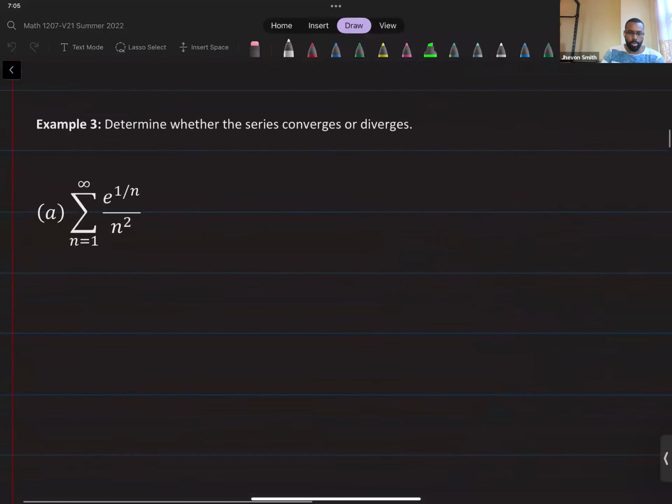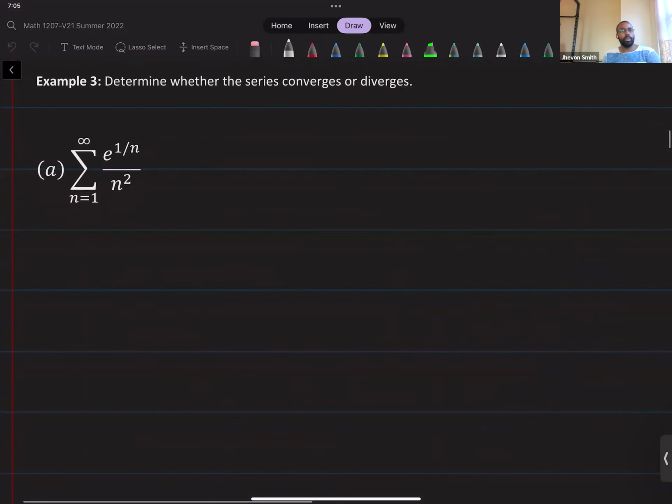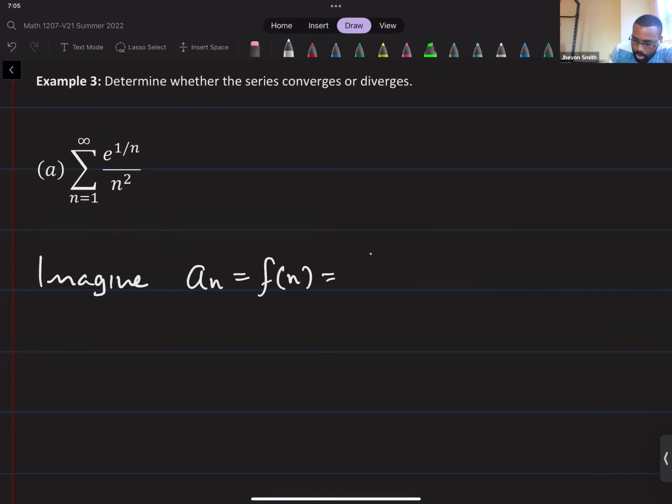So, for example, determine if this series converges or diverges. This is one of the cases where the integral test can work, because if I look at that expression, I can imagine a_n equals f of n equals e to the 1 over n squared. So my f of x would look like e to the 1 over x squared.